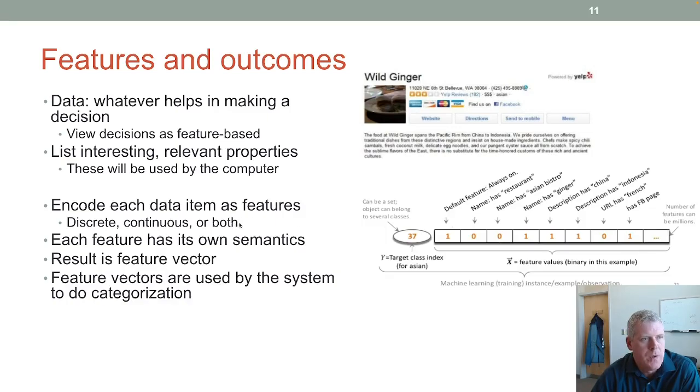Or the percentage of positive reviews on Yelp could be another feature. Right, so you end up with a feature vector, here's the feature vector, the ones and zeros in this example, and then you have the label or the outcome right there that's associated with that feature vector. And those feature vectors and the label are used by the machine learning system to do categorization. Okay.